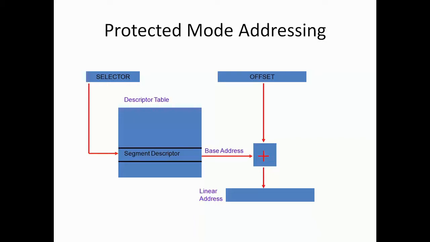When I go to that index into the descriptor table, I get the base address. So, if I have a segment that is stored at 2000, right, in the descriptor table I will have an entry pointing to 2000, and let it be the 7th entry, for example. So, what will the selector have? It will have the value 7.